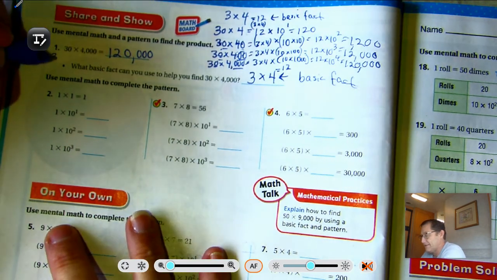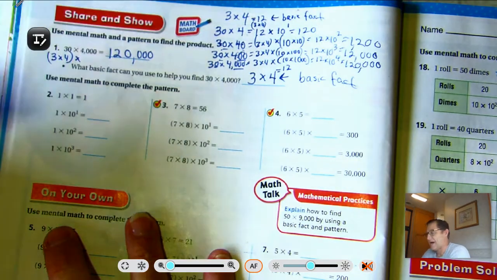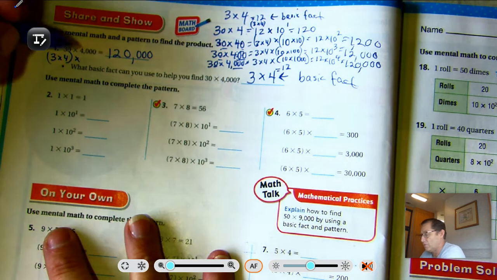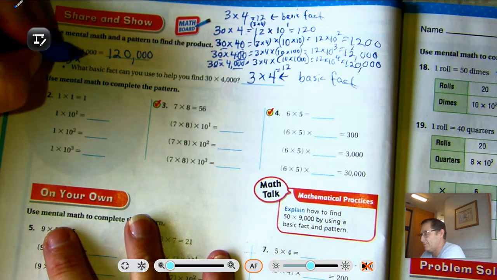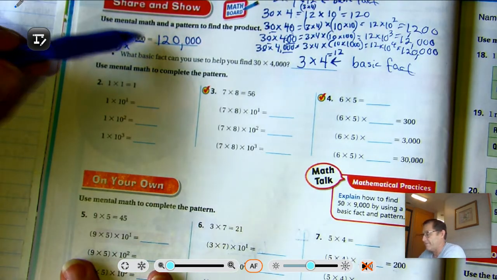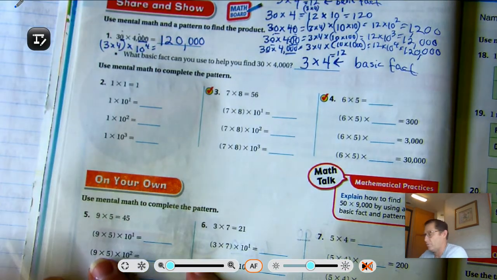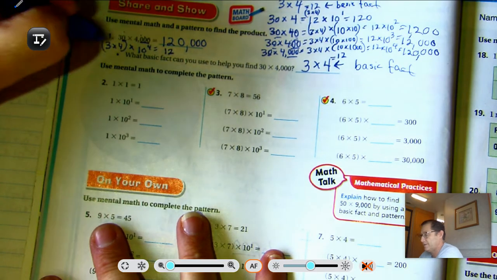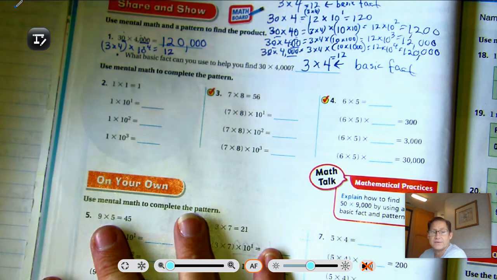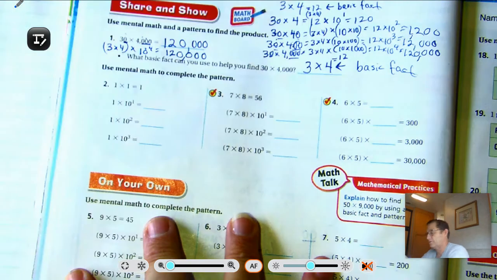We should recognize that this is 3 times 4 times how many factors of 10? Well, the factors of 10 I know by counting the number of zeros in the factors. So there's 1, 2, 3, 4. So 3 times 4 times 10 to the 4th. 3 times 4 is 12, and then there's going to be 4 zeros, because we know that the number of zeros equals the number in the exponent. So 120,000.